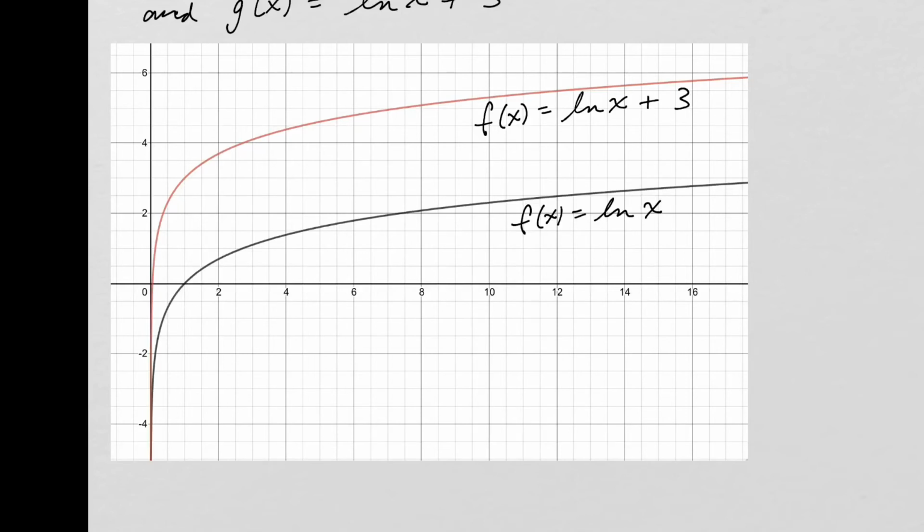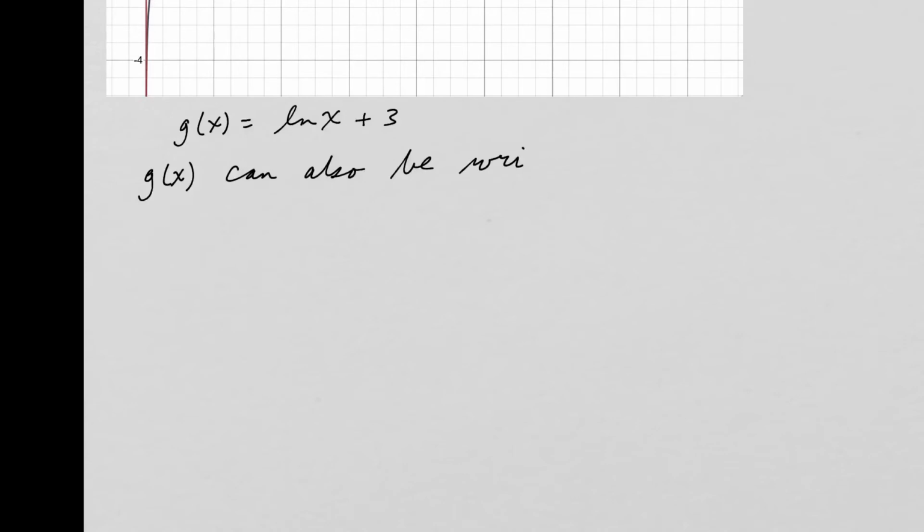But there's another way you can think about this. So I could also write, so remember g of x was the shifting up by 3, right? So this is natural log of x plus 3. So another way of writing g of x can also be written as natural log of x, and then I'm going to write 3 in a funny way.